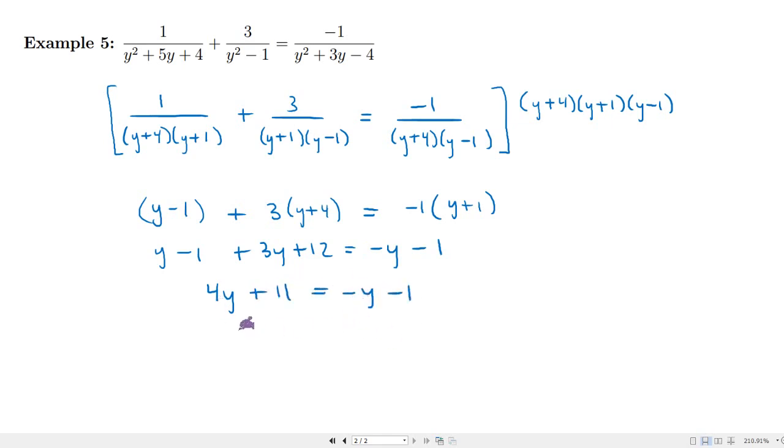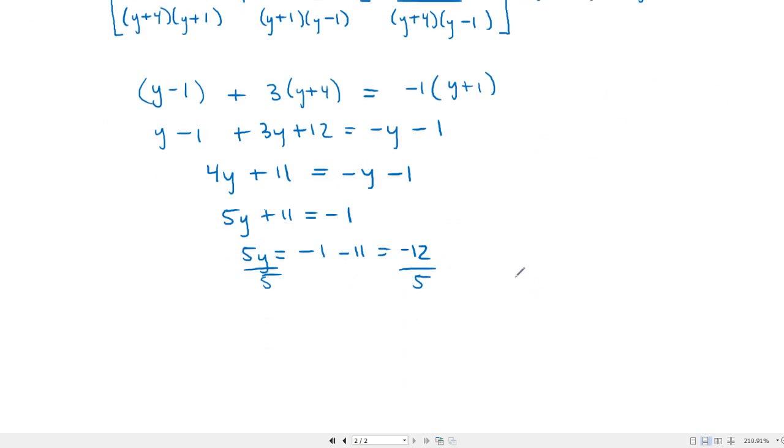So we could bring the y over here to give us a 5y, and we could bring the 11 over here to give us negative 1 minus 11, which would be negative 12. So we divide by 5, divide by 5 to give us y equals negative 12 over 5.